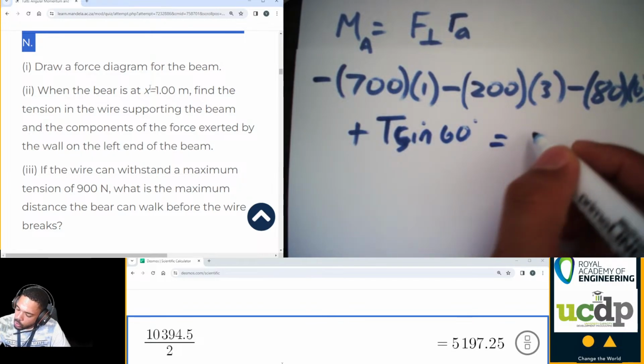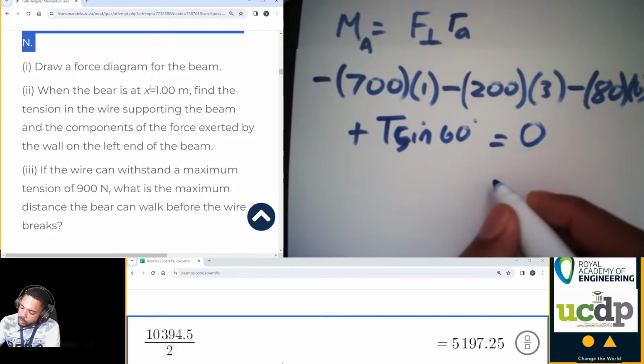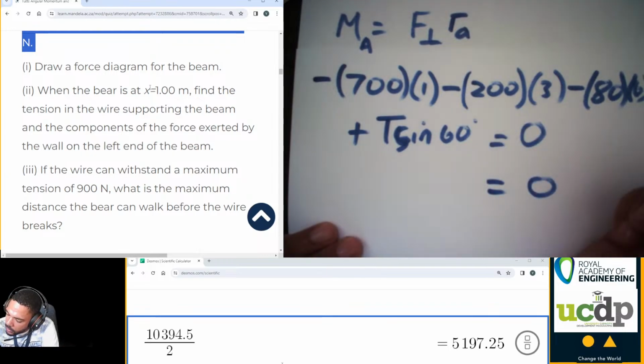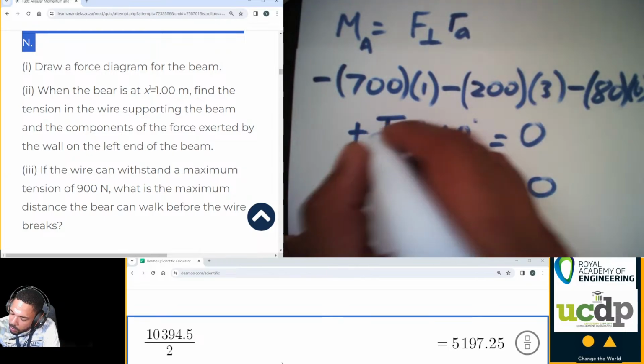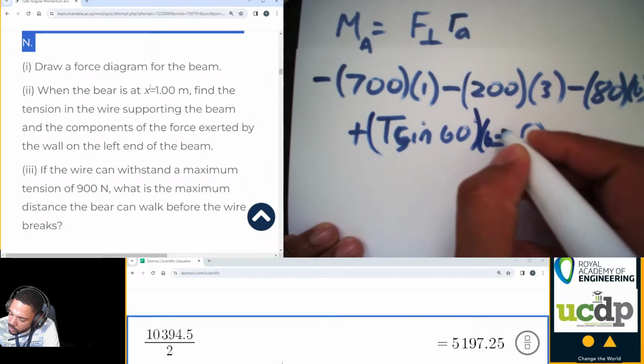And this all should be equal to 0. Now we can actually just work all of this out to get the answer. That force acts at a distance of 6, going upwards.